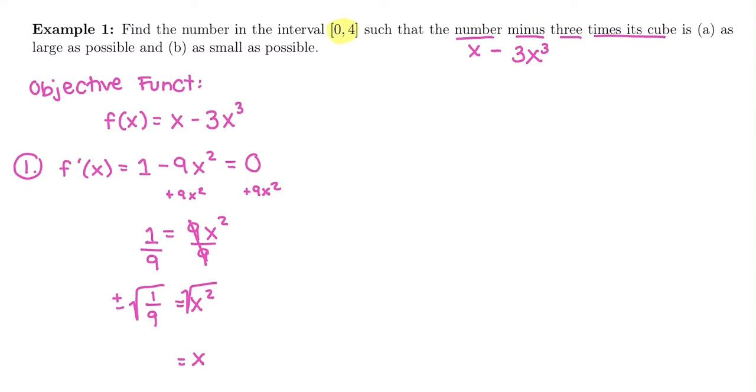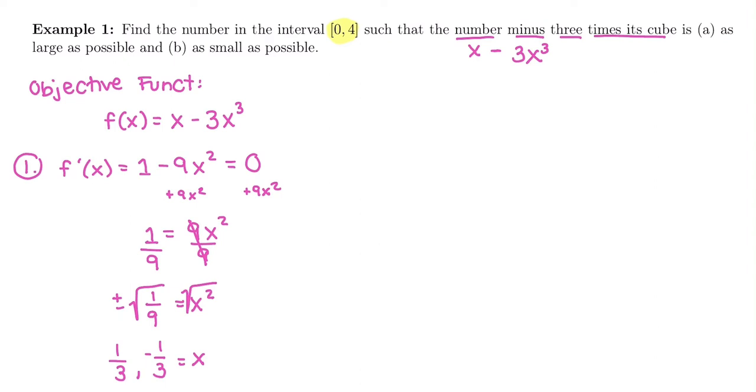So the square root of 1 is 1, and the square root of 9 is 3. So we could have positive 1/3 or negative 1/3. So we get 2 x values for our critical numbers.